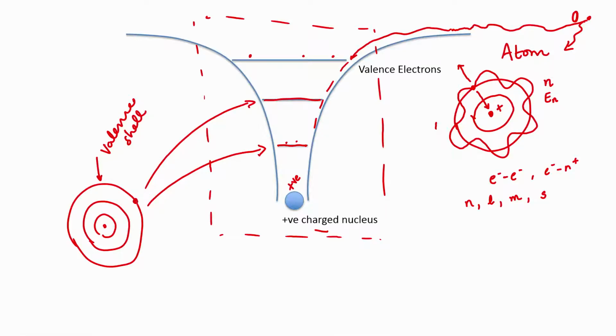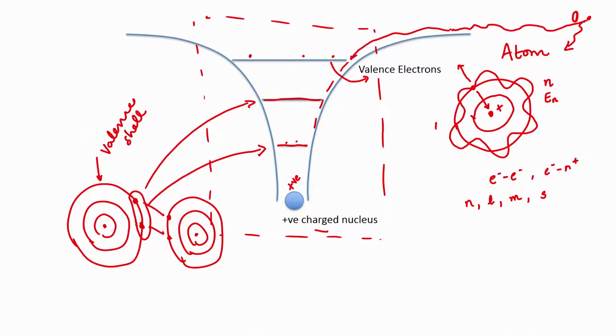And the electrons occupying the outermost shell are called the valence electrons. Now these electrons are quite important because they are the ones that participate in any interaction between two different atoms. So if you have two atoms, it is the valence electrons of these atoms that participate in bonding or any interaction between these atoms. So this is the picture of the electrons in an atom.